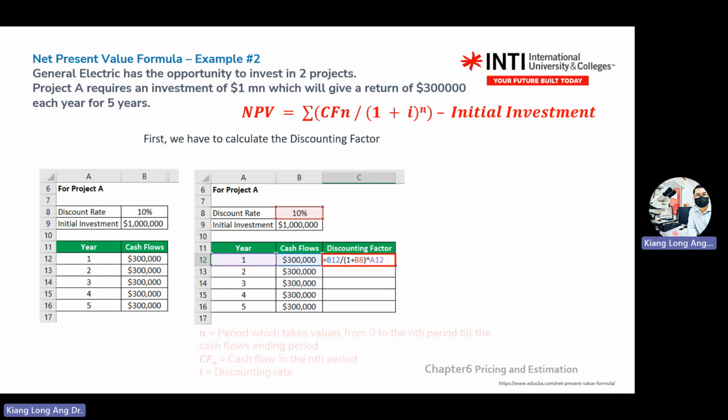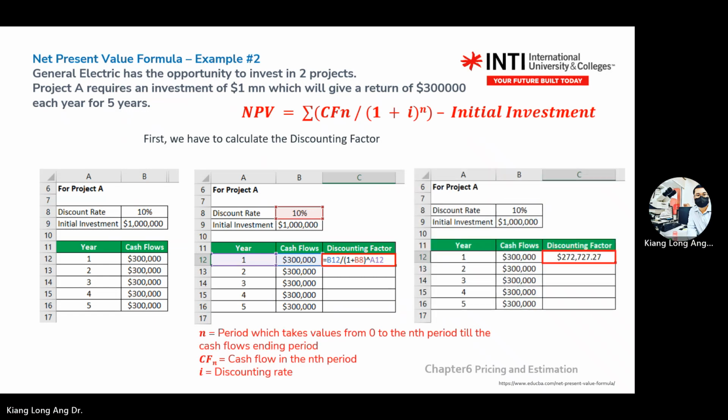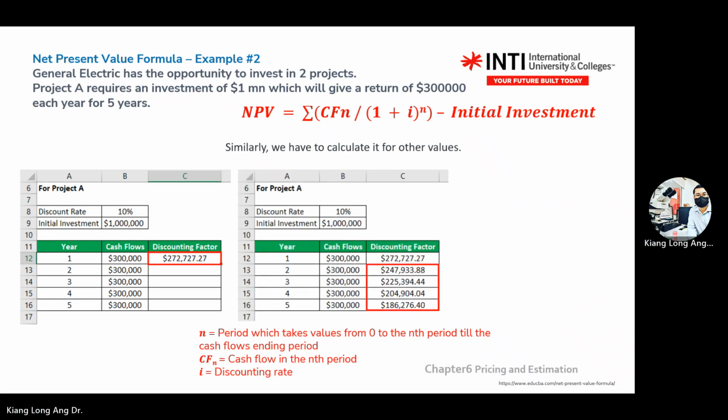Let's check the answer. 272. Correct or not? 272, 247, 225, 204, 186.